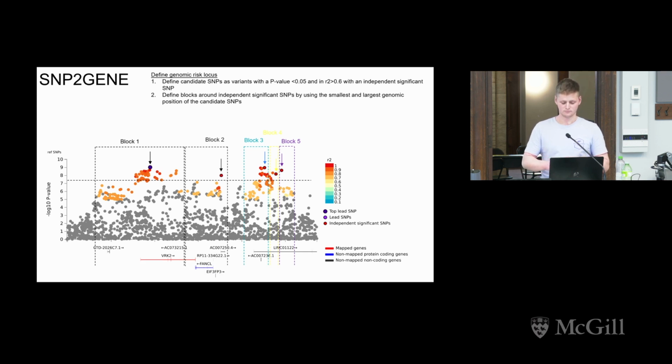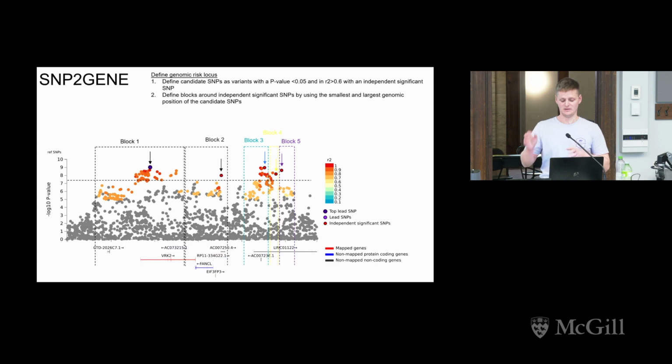If you look at the figure, these blocks have been defined that way. Everything that's in LD with an independent significant SNP and has a nominal p-value is tagged as a candidate SNP, and then the boundaries are basically the largest and smallest genomic position of the candidate SNPs. So block 1 has the lead SNP in it, and everything in that boundary that I've drawn is a candidate SNP for block 1.